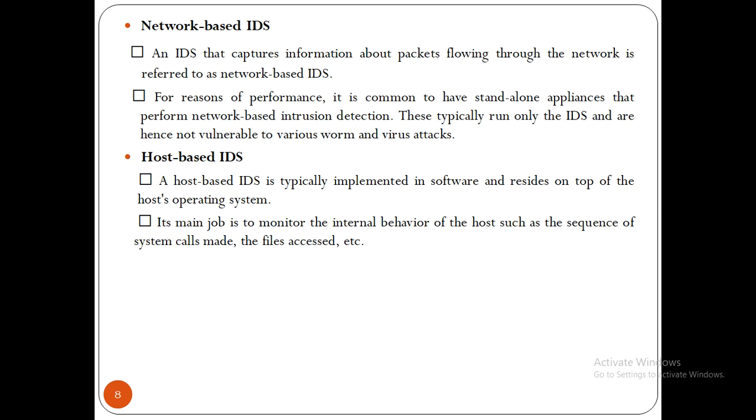The two aspects of intrusion detection system accuracy are sensitivity and selectivity. High sensitivity implies a low false negative rate, while high selectivity implies a low false positive rate. So these are the things about the intrusion detection system with its categories.